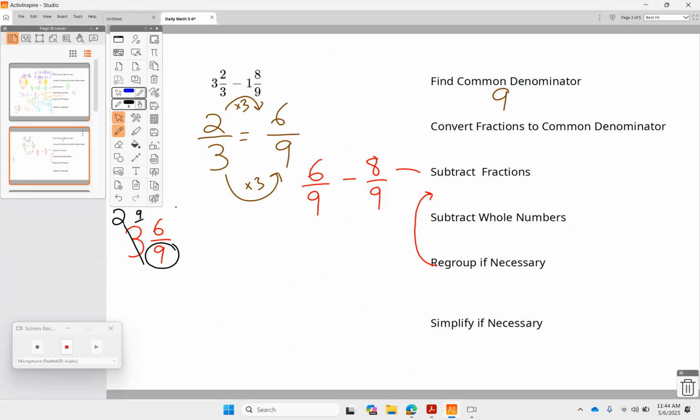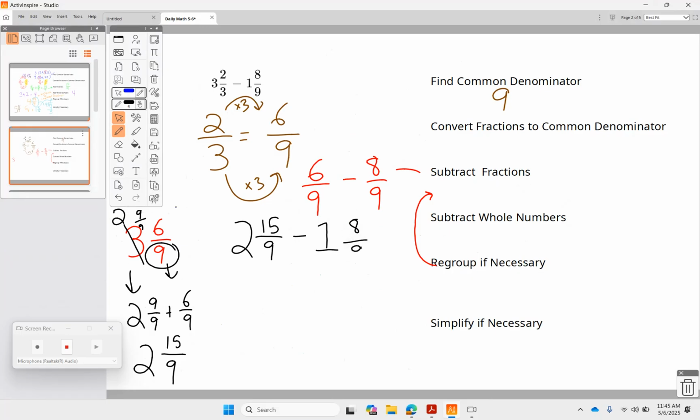So to help you out, 3 is the same as 2 and 9 ninths. That's the same as 3, because 9 ninths is 1. To that, we have to add this 6 ninths. And we end up with 2, 9 plus 6 is 15. So our regrouping, if necessary, becomes 2 and 15 ninths minus 1 from our original problem and 8 ninths.